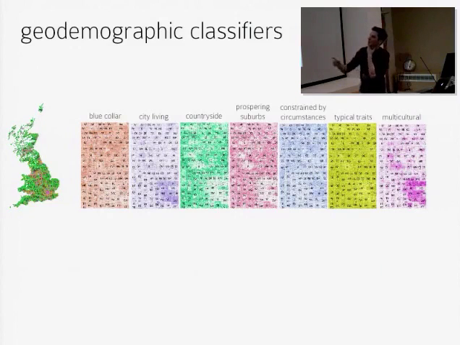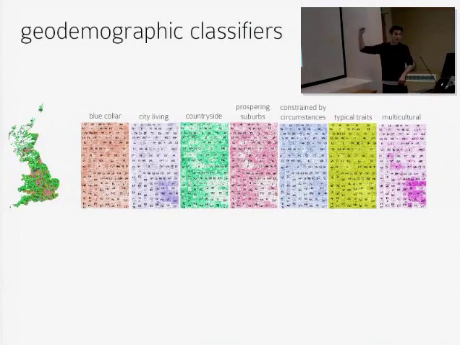And similarly with prospering suburbs, that's not a very good descriptor for anything that is around London. So we can see that London is very different to everywhere else, but once you get away from that, it seems like these classifiers which try to label lots of areas around the UK, they're not that distinguishable.